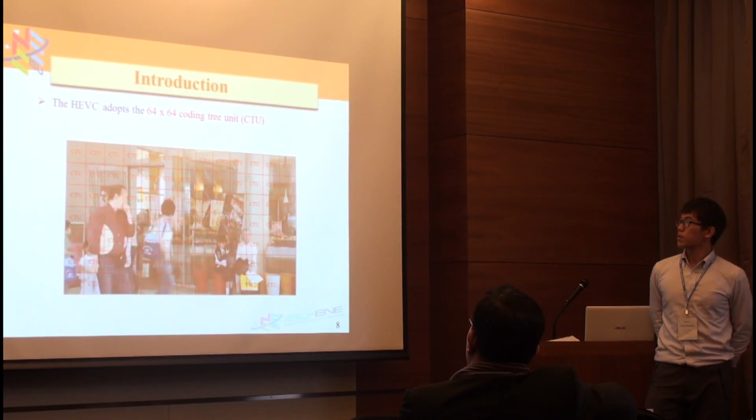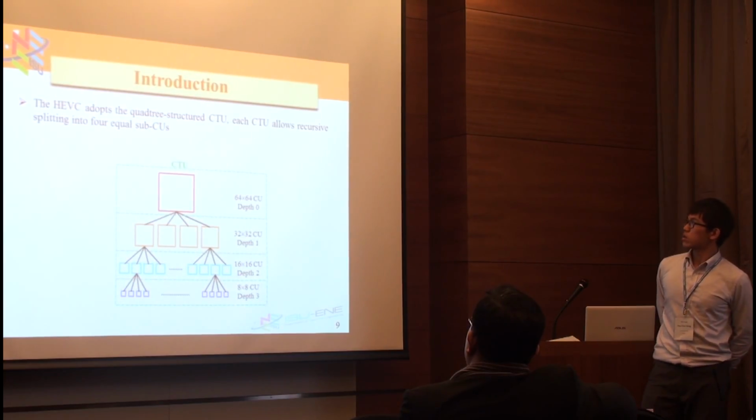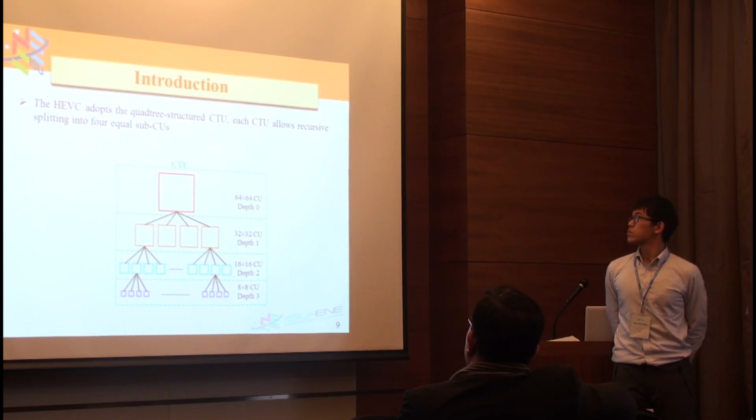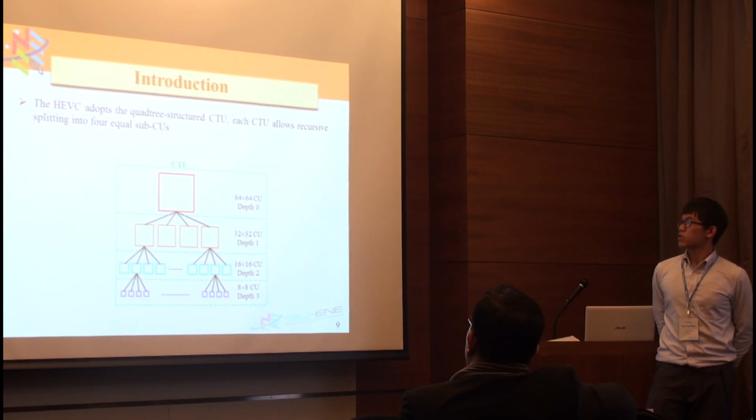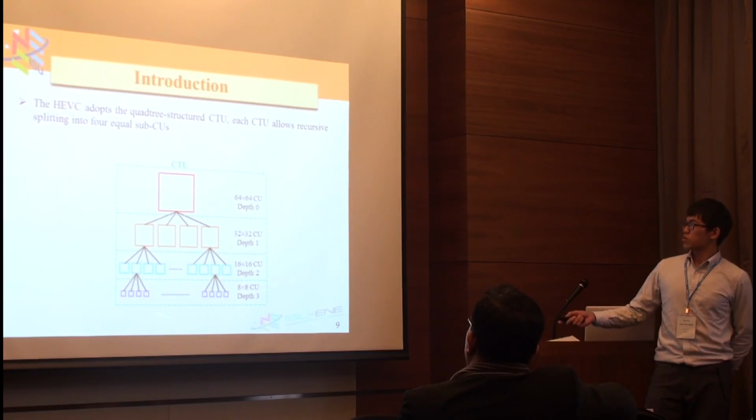HEVC adopts a 64 by 64 coding tree unit called CTU. HEVC adopts the quad-tree structure for the CTU. Each CTU allows recursive splitting into 4 equal sub-CUs as follows.